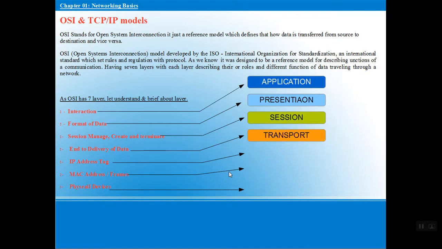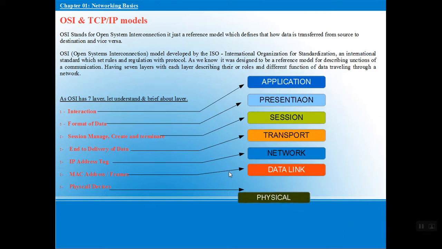And we have the transport layer. It provides end-to-end delivery of the data with proper communication and authentication. And we have the network layer. The IP address tagging is performed in the network layer. MAC framing is done in the data link layer. Then of course we need the physical layer, the physical devices with which we communicate.